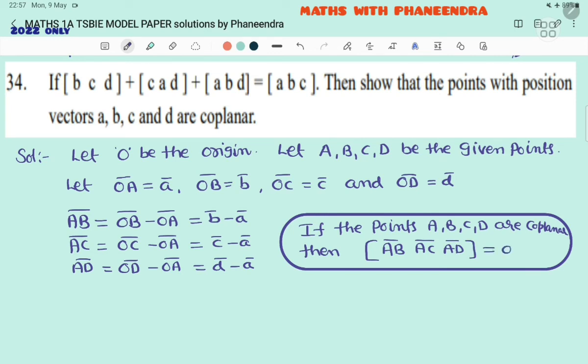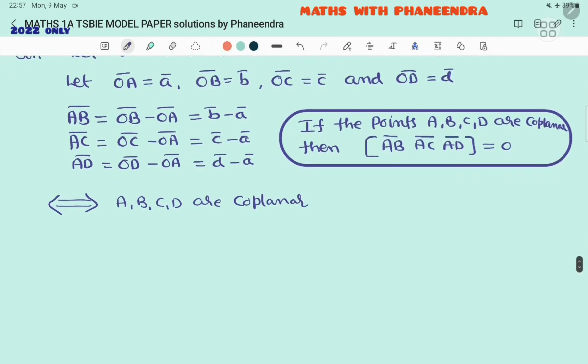So a very important point: A, B, C, D are coplanar if and only if box of AB, AC, AD is equal to 0.